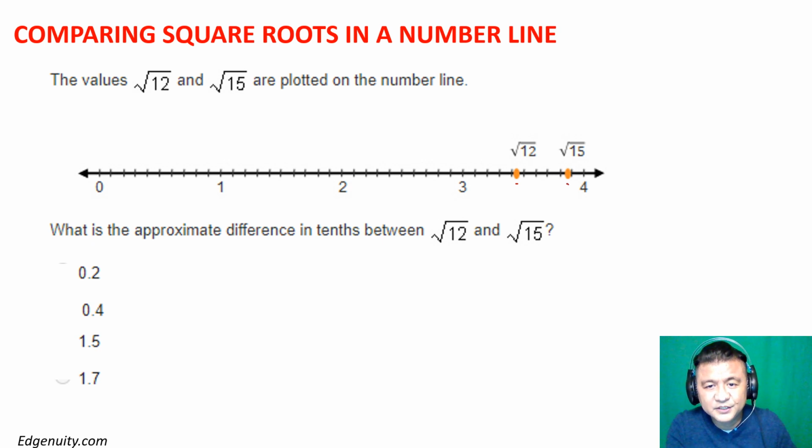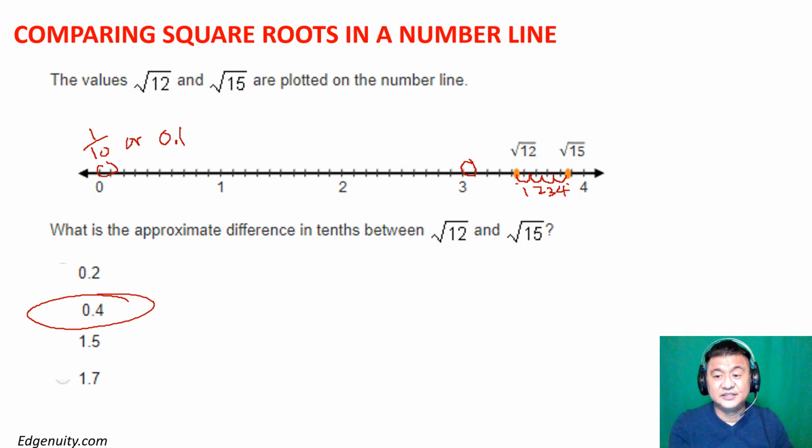Maybe from here it's 1, 2, 3, and 4. See that? 4 units away. And it's not simply 4 whole numbers. Each of these is 1/10 or 0.1. And how many tenths are there? 1, 2, 3, 4. So 4 tenths. That's the difference between the square roots.